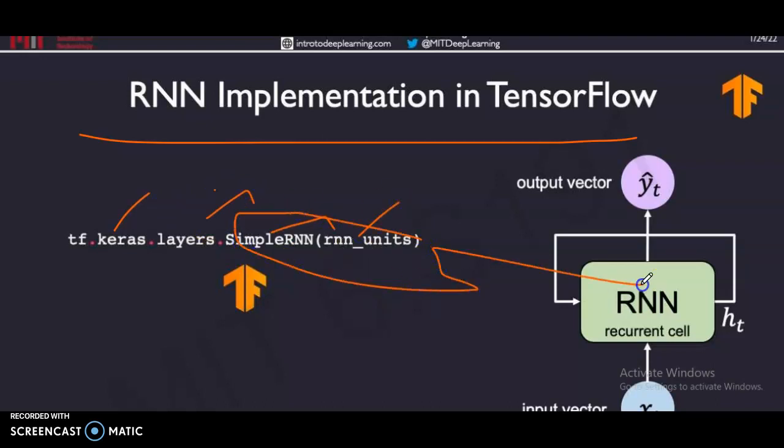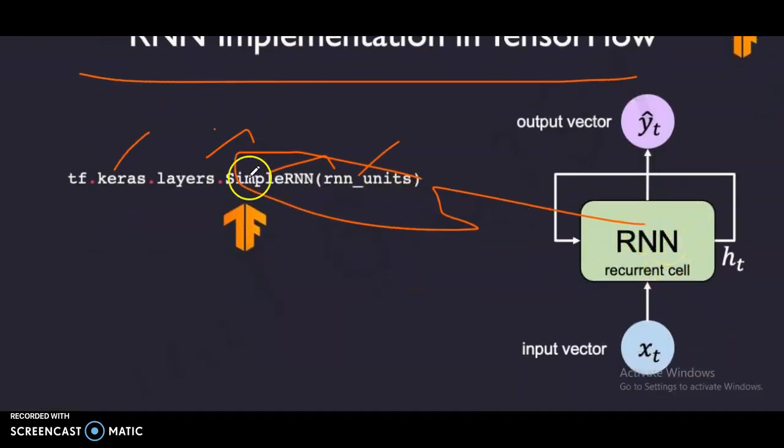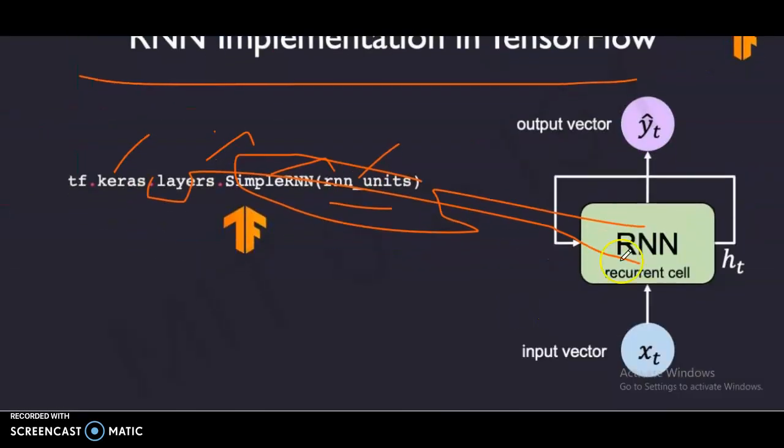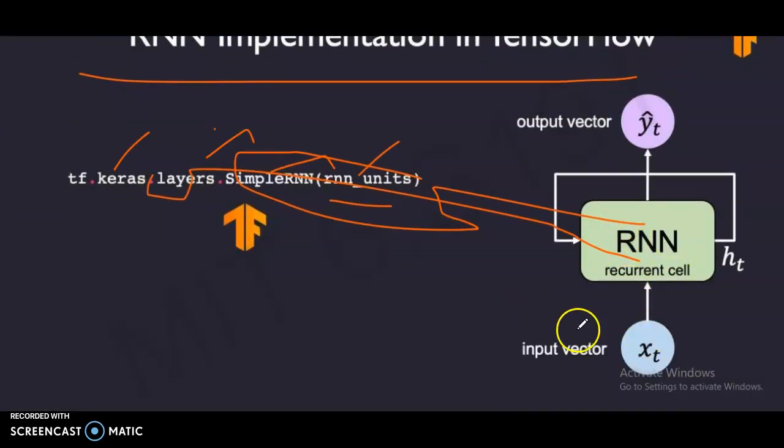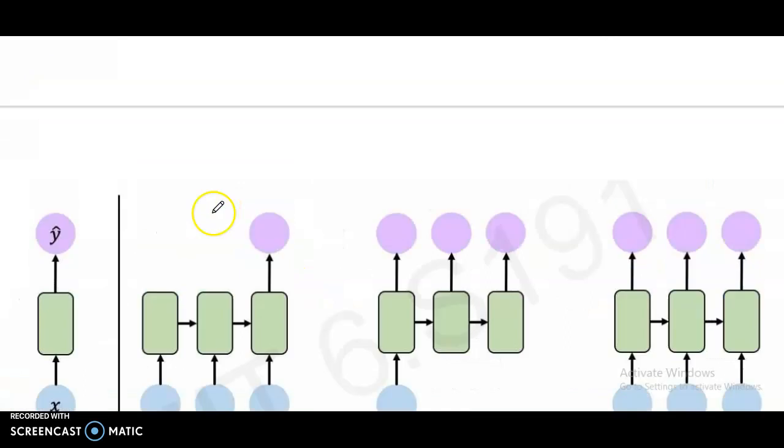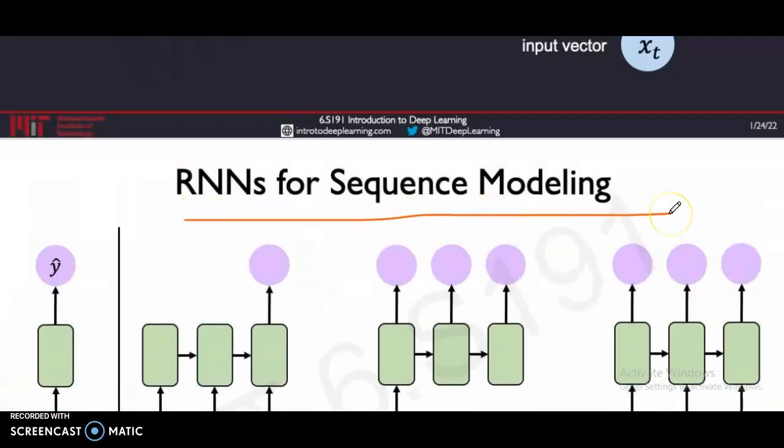This is from here, Keras layers. Run RNN units. It is the RNN recurrent cell. RNN is used for sequence modeling.